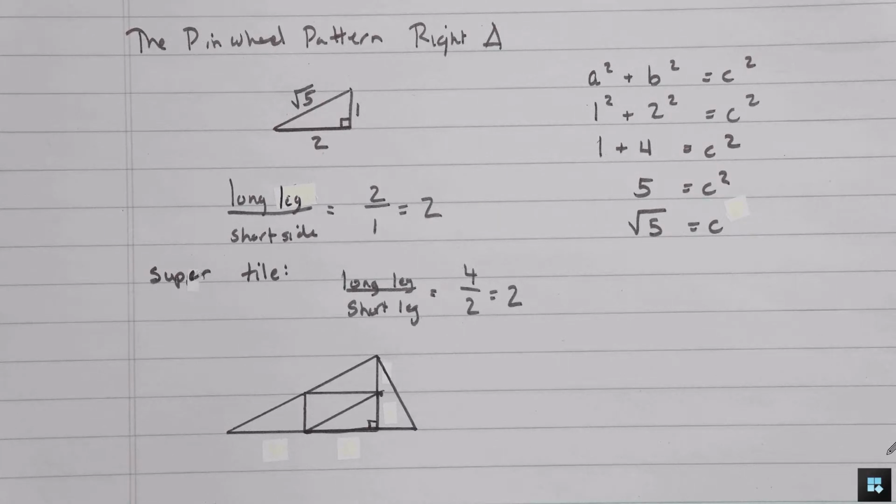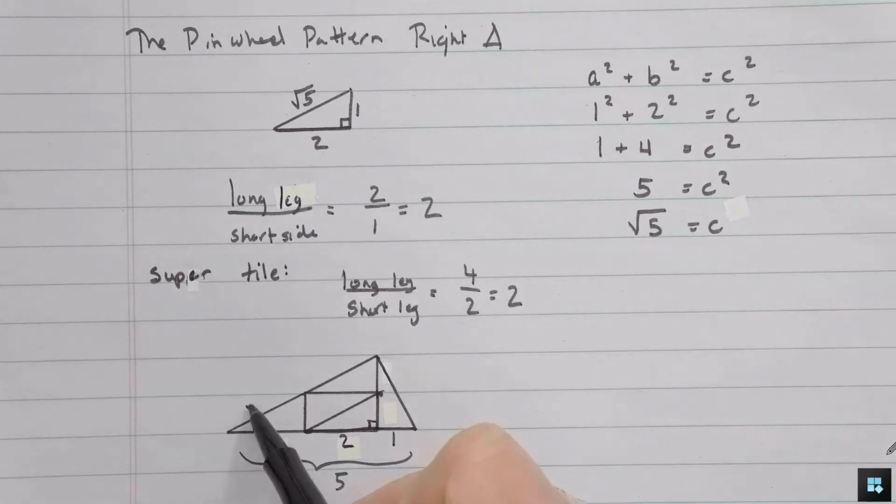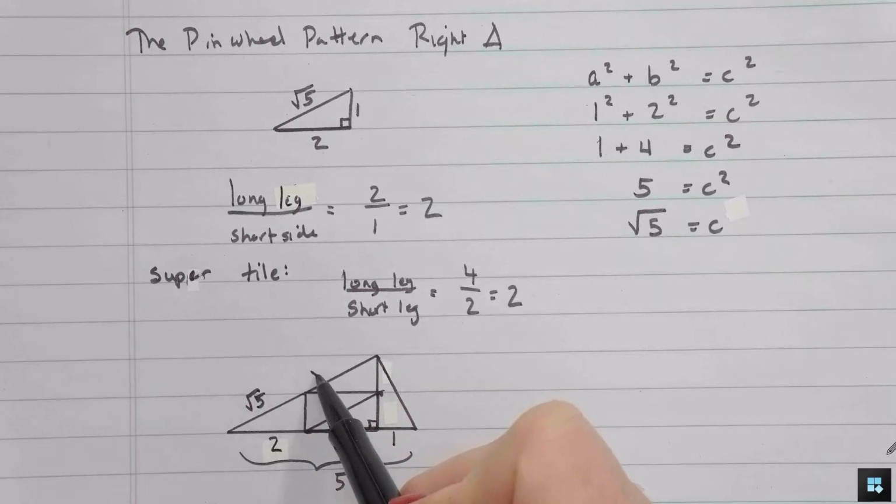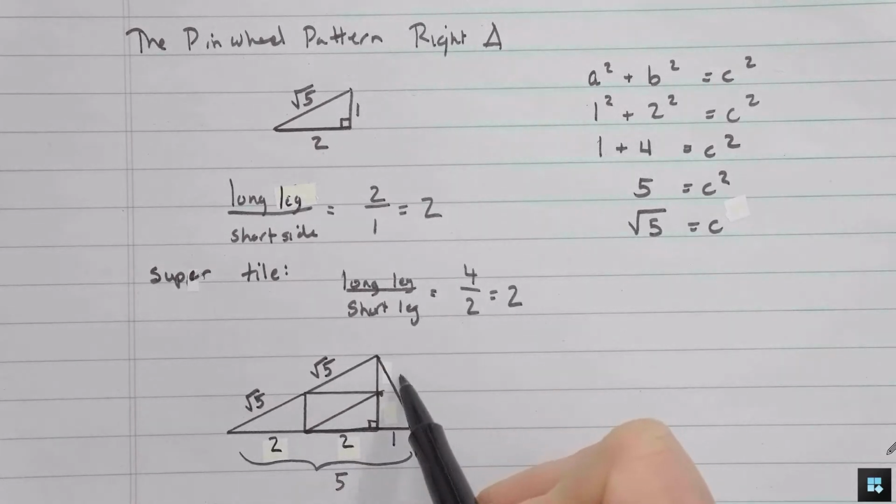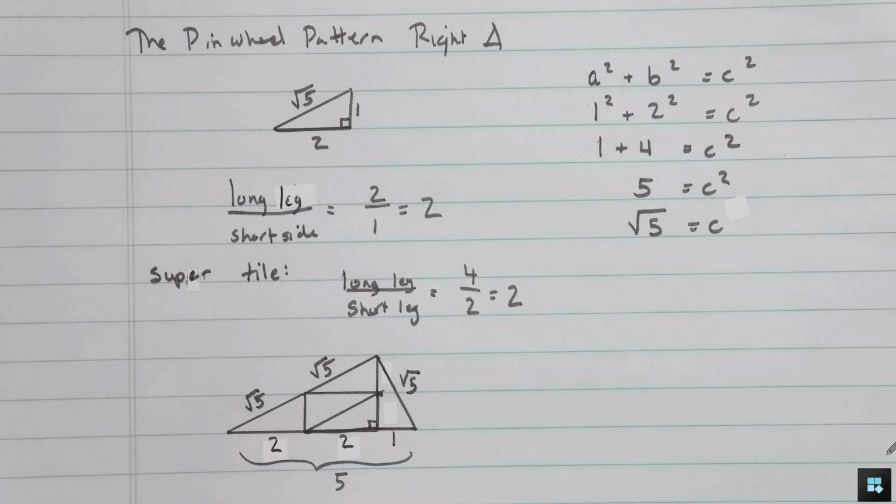Let's check. Okay, so we had 2, 2, 1. So that makes 5. That's the hypotenuse though. That was the easy one to count off, but that's the hypotenuse. Okay, so each hypotenuse is square root of 5 for its length.